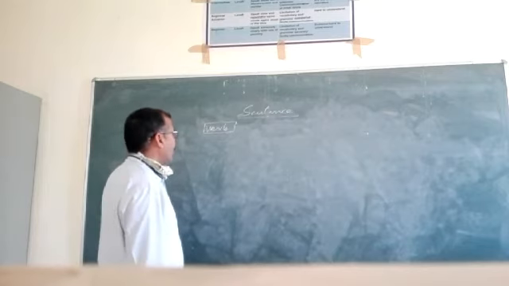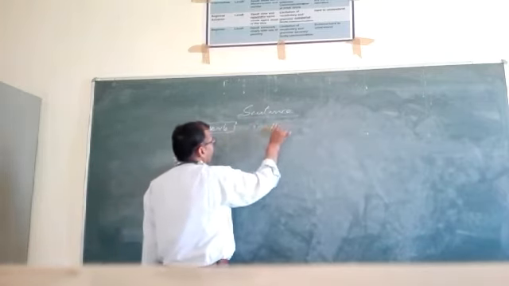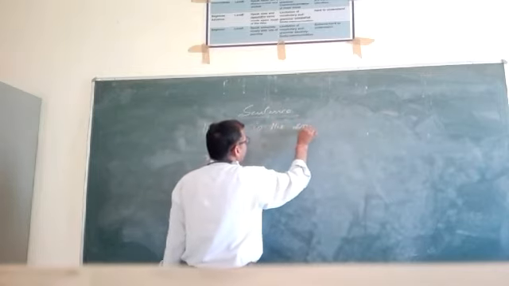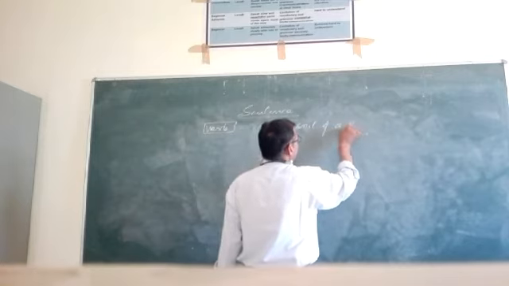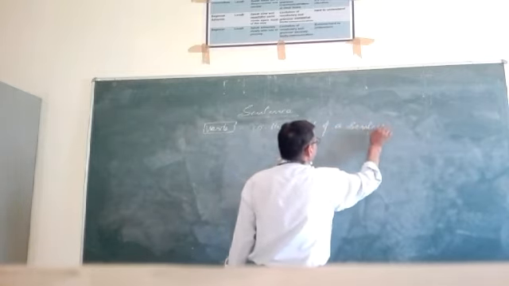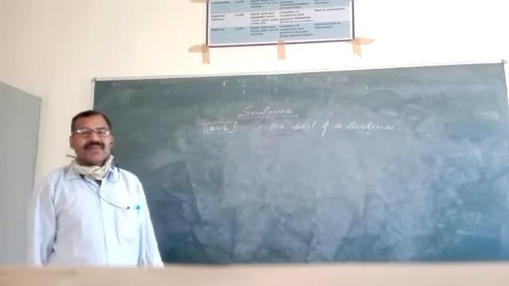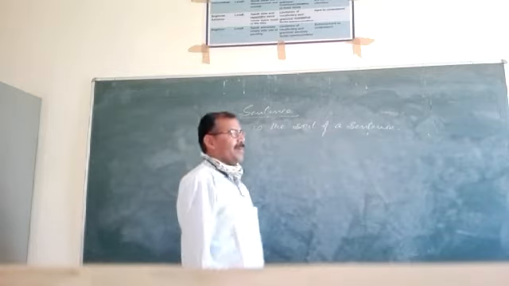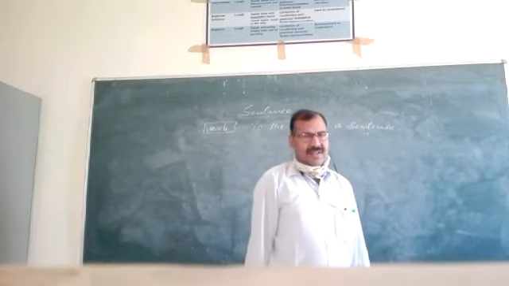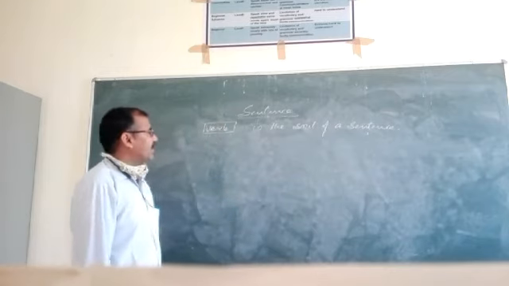Which is the verb? Verb is the soul of a sentence. Why? Because without verbs we can say this is not a sentence. Without a verb, it is not a sentence. So it is mandatory to use verbs in a sentence. Okay?